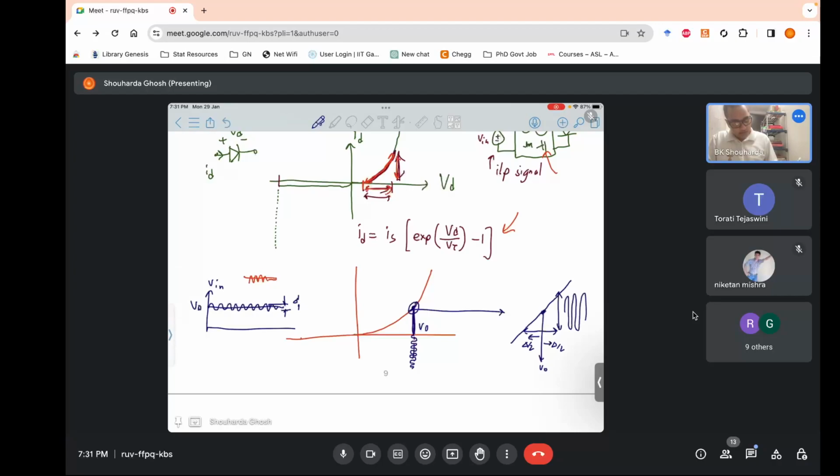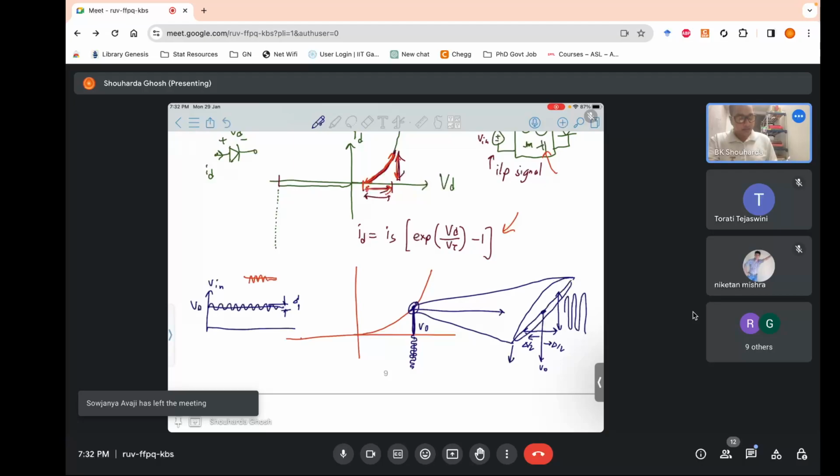So what you actually see is that in a lot of cases the signal that you are applying has very low fluctuation, to an extent that you can assume this range. I have magnified this exponential curve, so within this range you can see it almost behaves like a straight line.